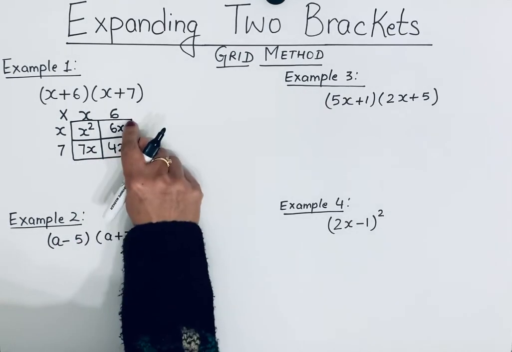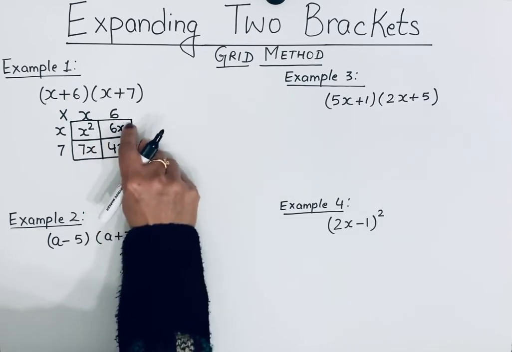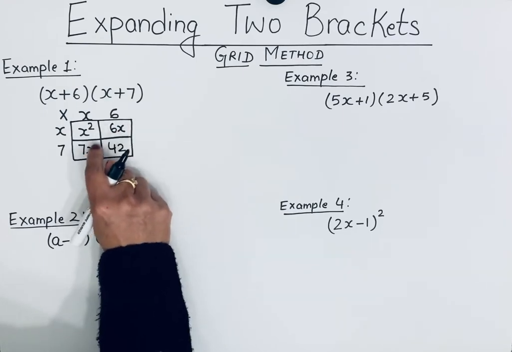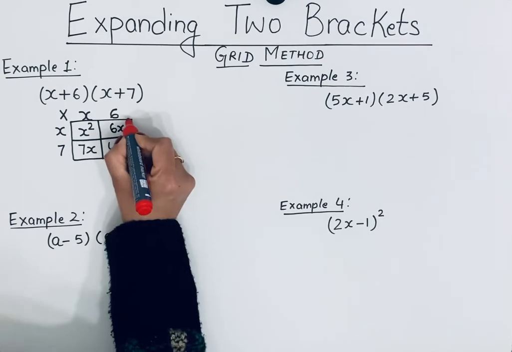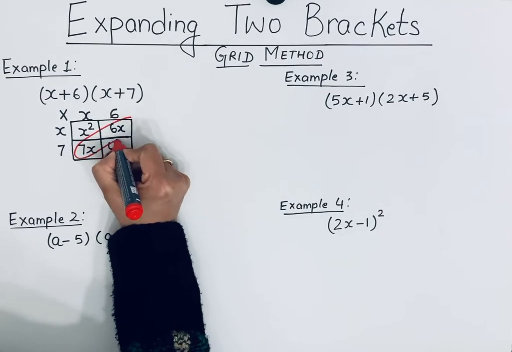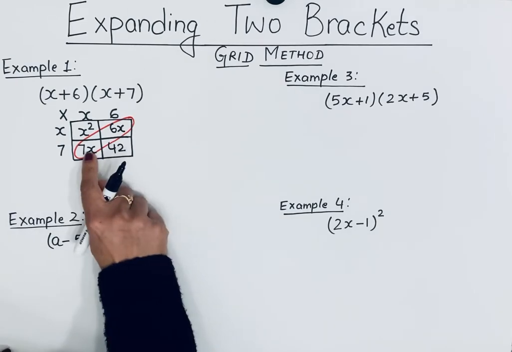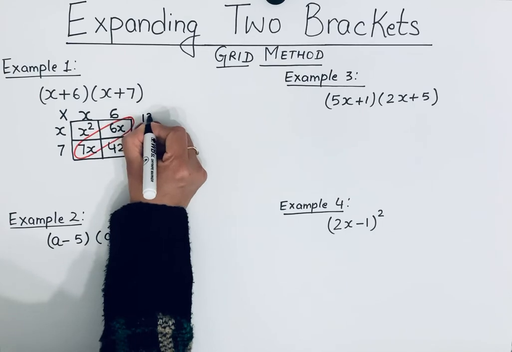Now if we check the diagonal, 7x and 6x, these 2 terms are like terms because they have the same variable. So what we do is we add them together because they both are positive. So 7x add 6x, that's 13x.